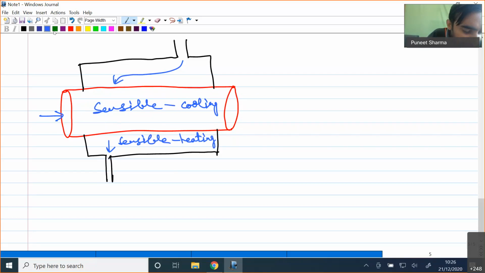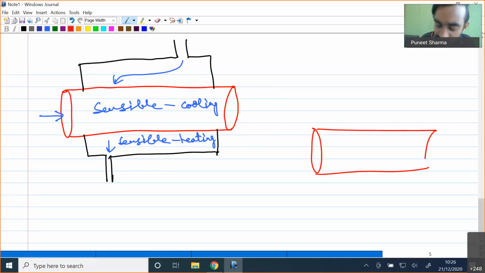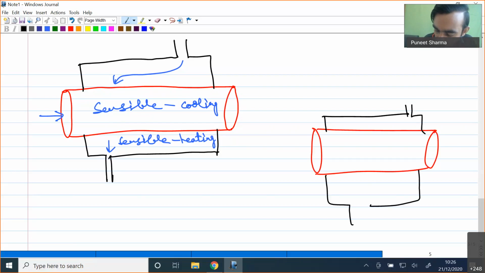Apart from that, we may have another situation where one of the mediums is in the saturation state. Say this hot medium is entering at saturated vapor state.